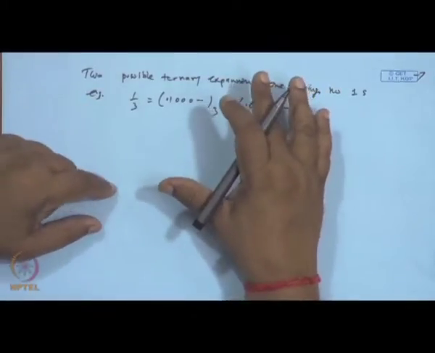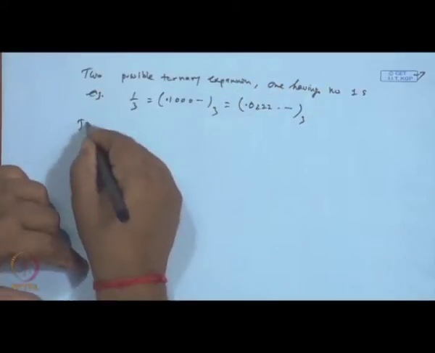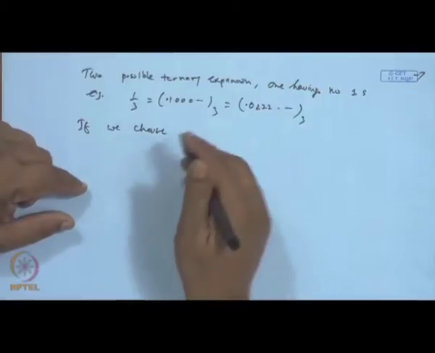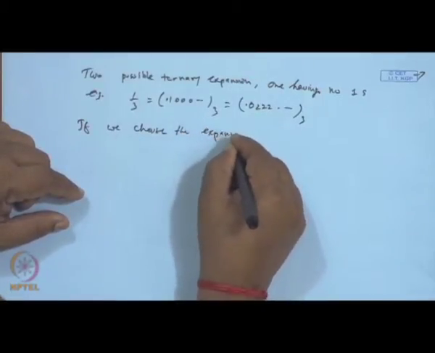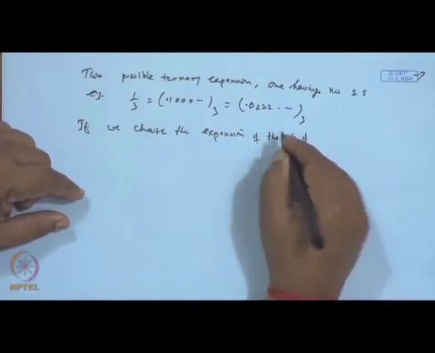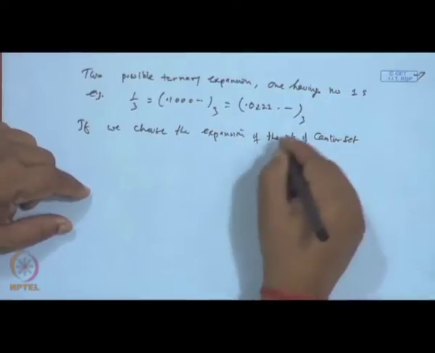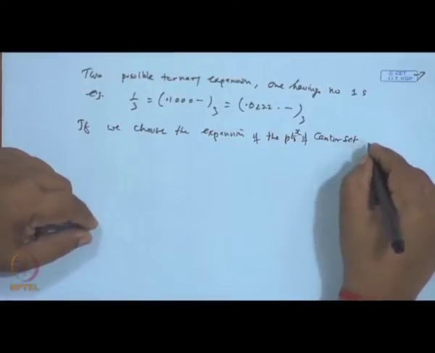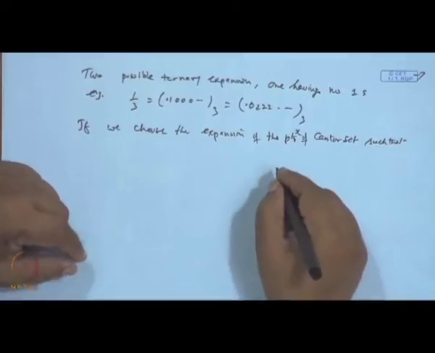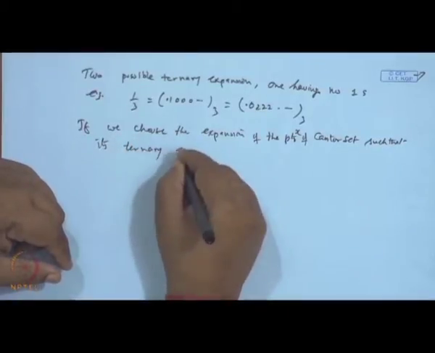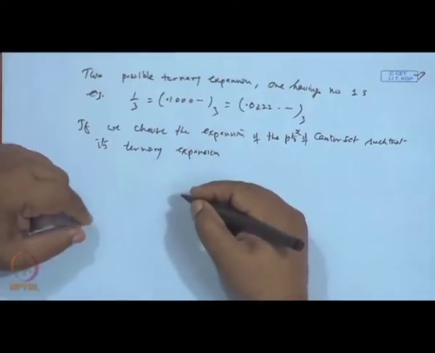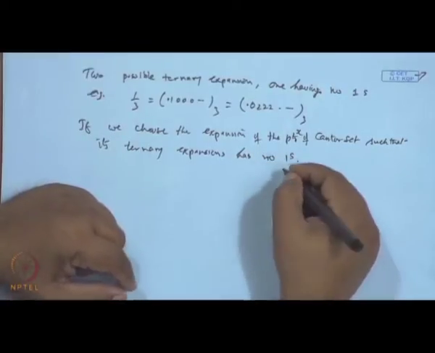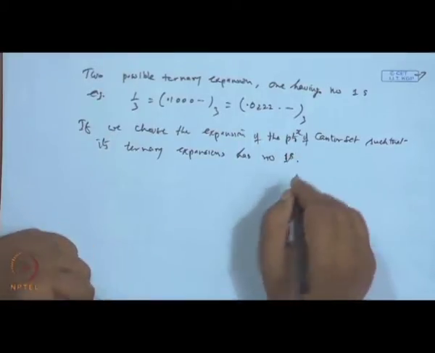These endpoints are in the Cantor set. So, now we choose the expansion of the points x of the Cantor set in such a way that its ternary expansion has no ones.